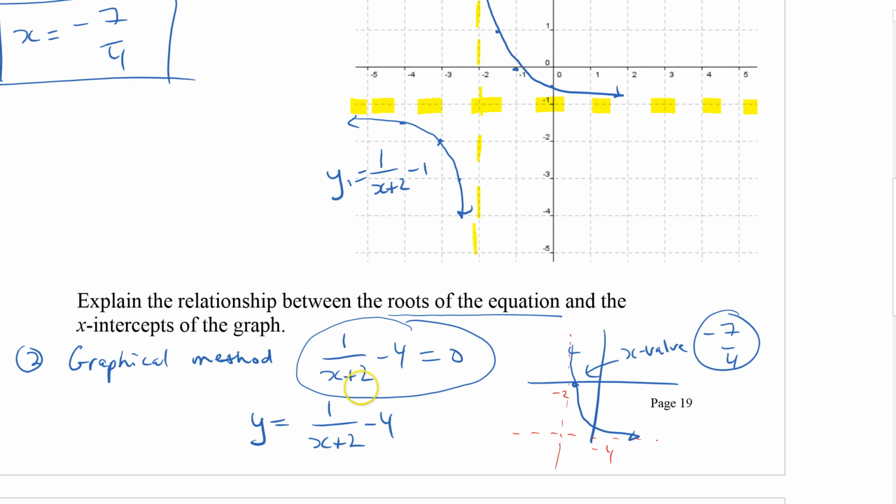When is this true? The root is -7 over 4. And the x-intercepts of the graph, so the relationship is that they are the same. You can find the roots of an equation, and that will give you the x-intercepts of the graph.